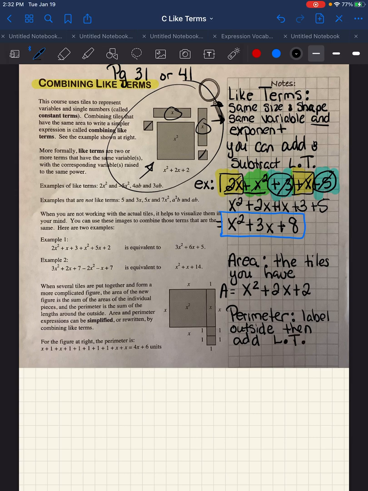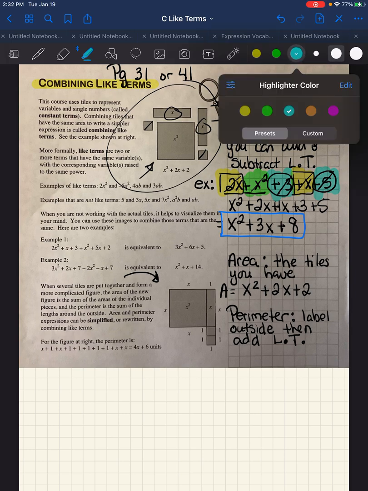So this one, we wrote the distributive property stuff on the bottom. If you're starting to run out of room, you can do that over on the side a little bit. So this is the one right here that we're going to do the perimeter on. For the perimeter, the tiles do need to be touching.